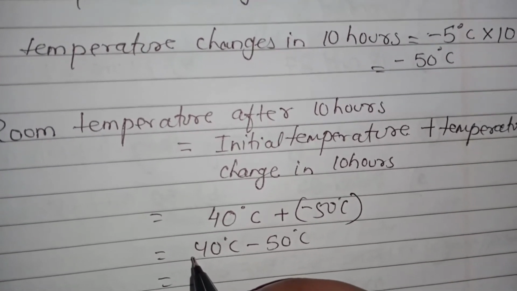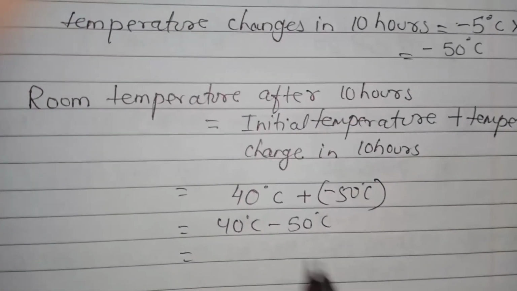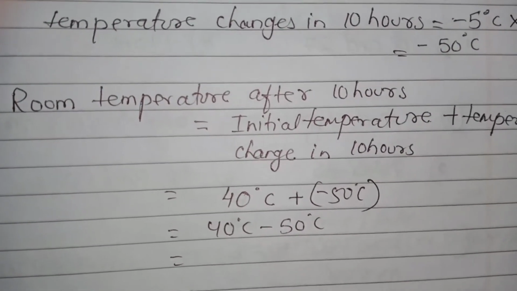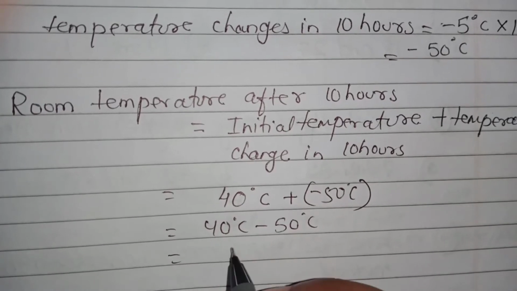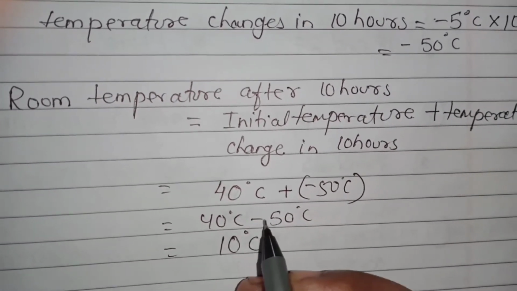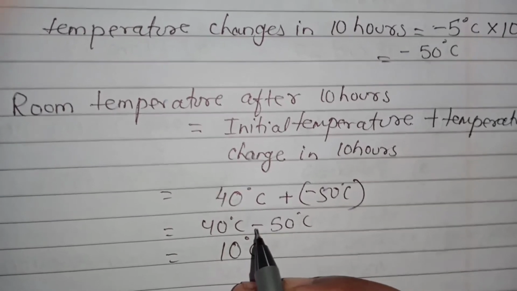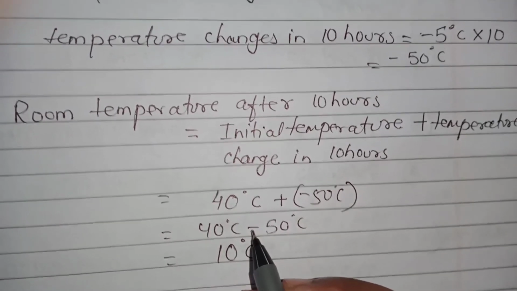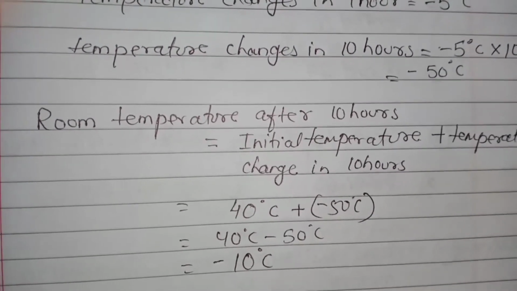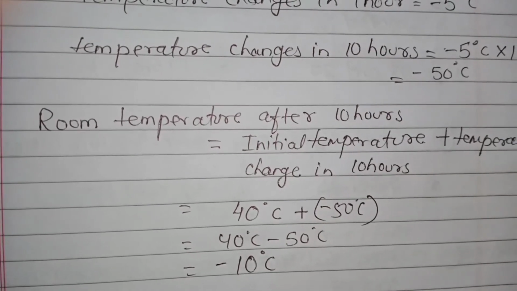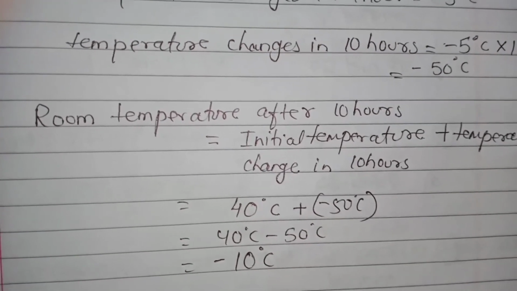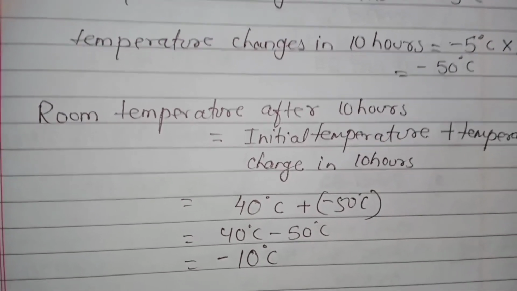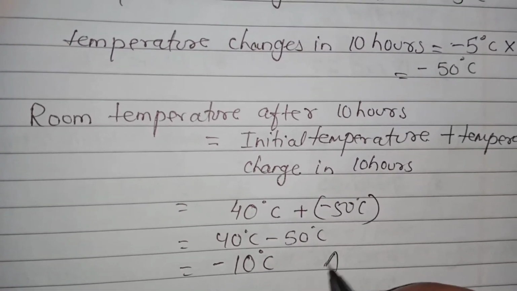Now we add: 50 minus 40 is 10. Which sign do we put? 50 has the greater absolute value and it has a minus in front, so we write minus. The final temperature will be minus 10 degrees. After 10 hours it will reach minus 10 degrees. So this is the answer.